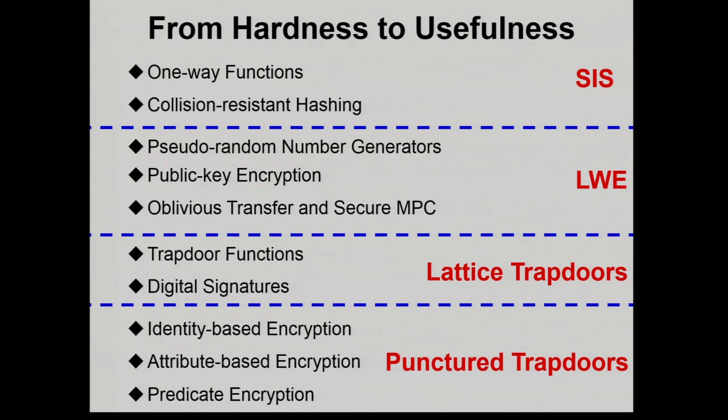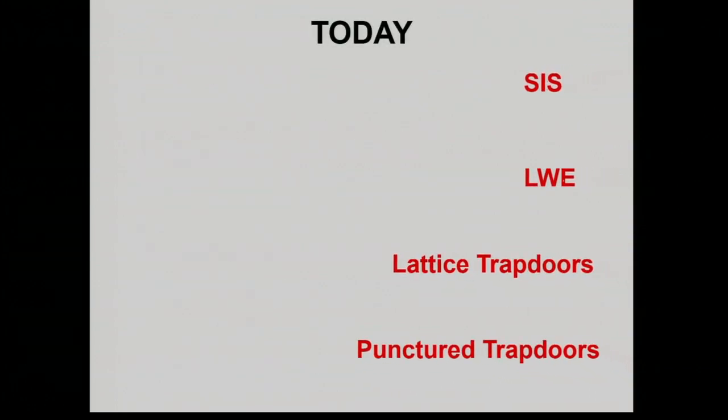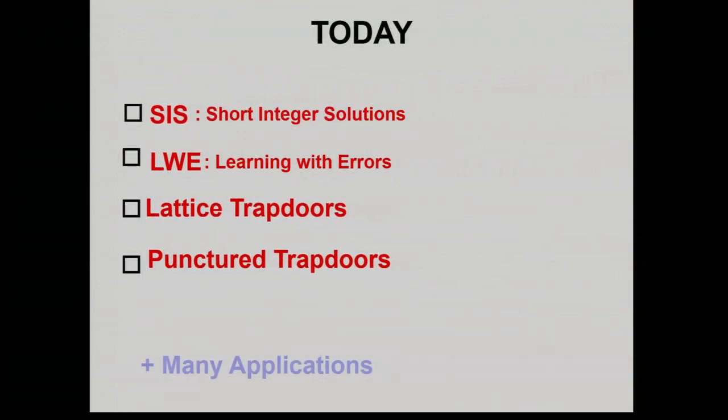We'll get to what all these things mean in a bit, but these are the four really core things, and if you know these, you are ready to go home and do your own lattice-based crypto. So that's the goal for today. We'll see how far we get. I'll be very happy if I get to this.